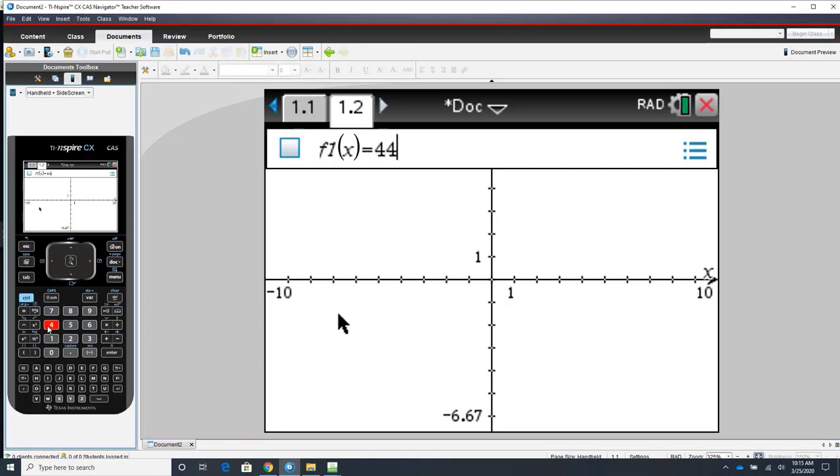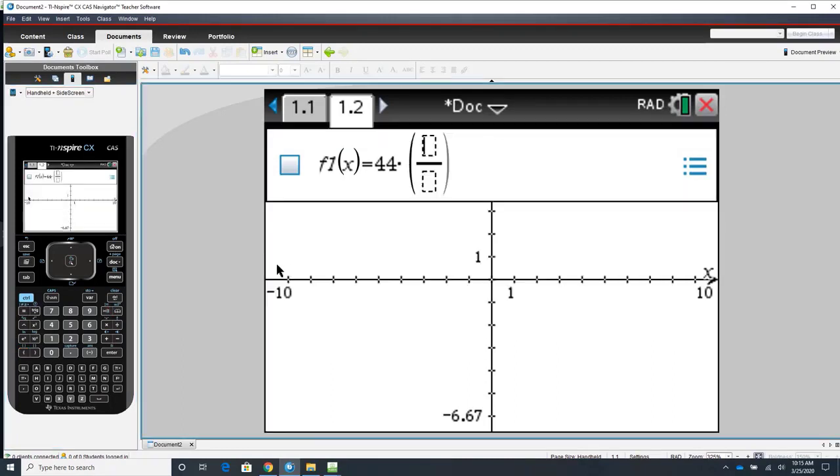So I have 44 times, the first factor is a fraction. Let's try to introduce a fraction. I have some slow movement with my calculator now. So I'm going to use this fraction right here for the factor x over 100.